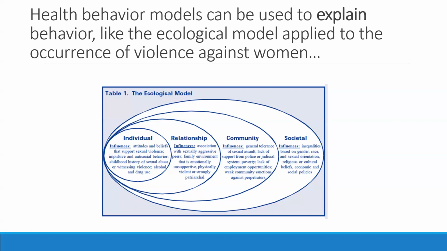So already you can see how these factors would interact, right? This is an important component of this model, the interaction across levels. So let's say you have a person with a history of sexual abuse.